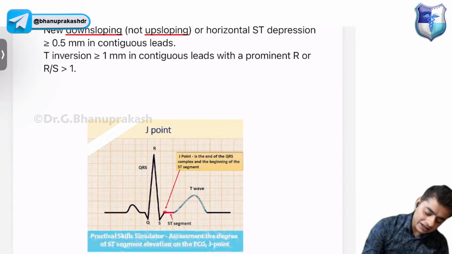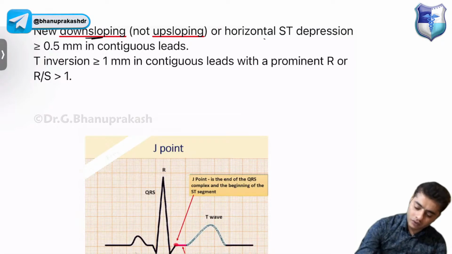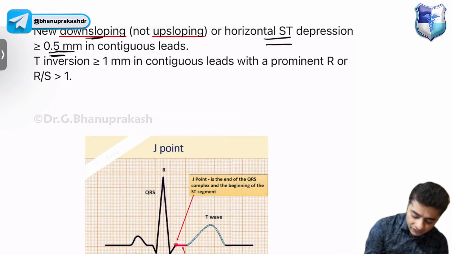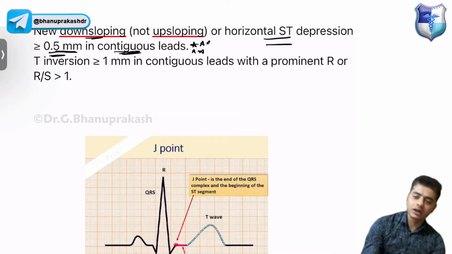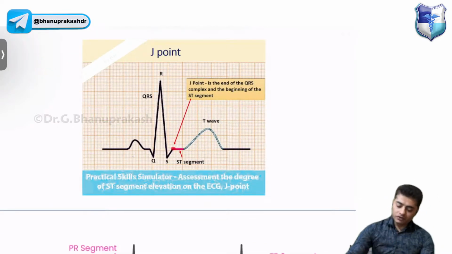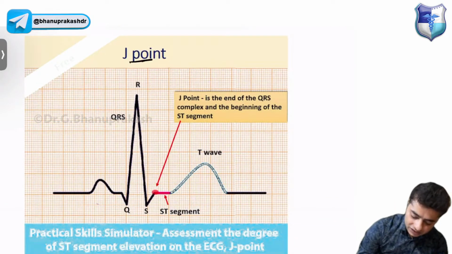Now we'll come to non-ST elevation MI. In that, there should be a downsloping or horizontal ST segment depression, and that should be around 0.5 mm in contiguous leads. Okay. So to see the ST segment, we first must know what the J point is.